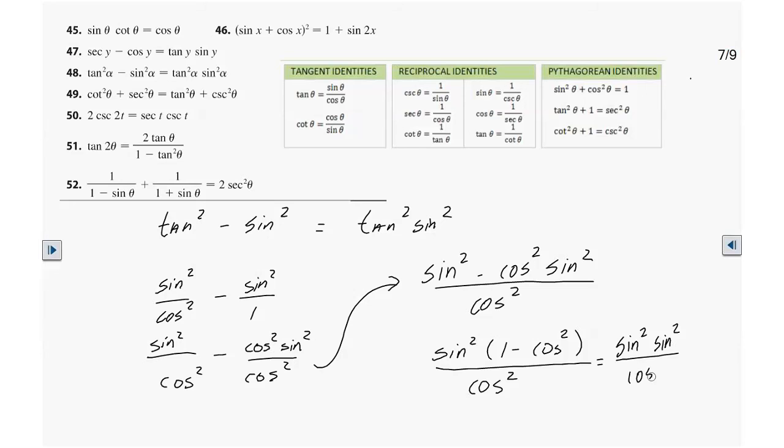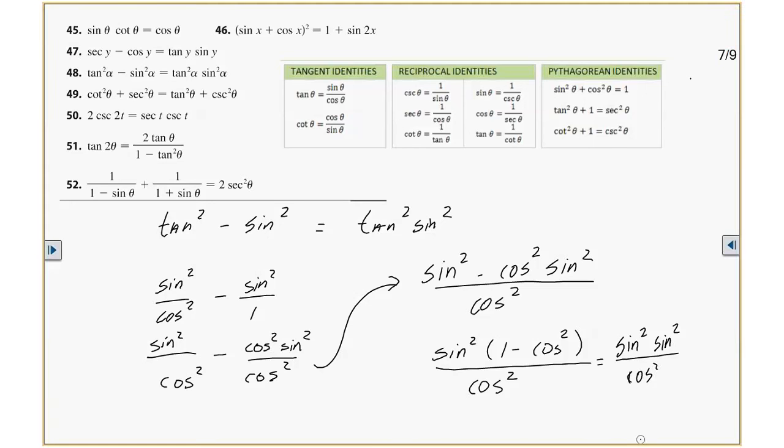Sine squared over cosine squared. And they want you to write it in terms of the tangent, so you can probably turn that cosine back into a tangent now, because they're going to want you to do that. So go ahead and do that.